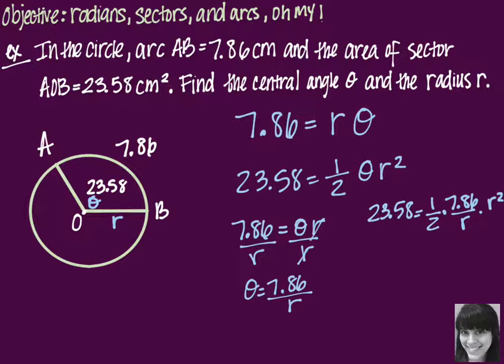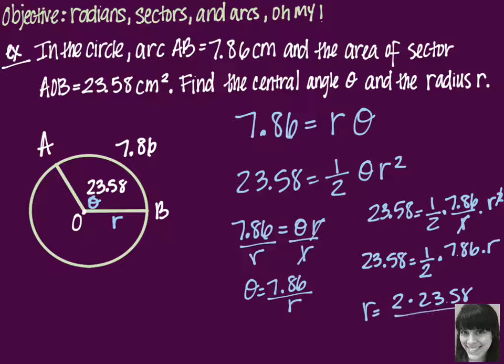As you can see, because I have an r in the denominator and an r in the numerator, they cancel, so 23.58 equals 1/2 times 7.86 times r. I'm going to solve for r, so r equals 2 times 23.58 over 7.86, which equals 6.